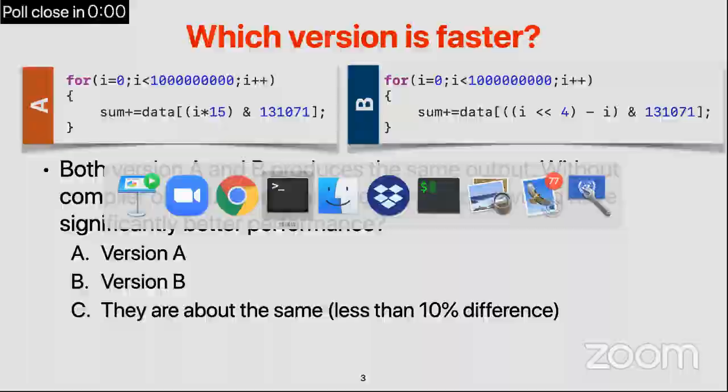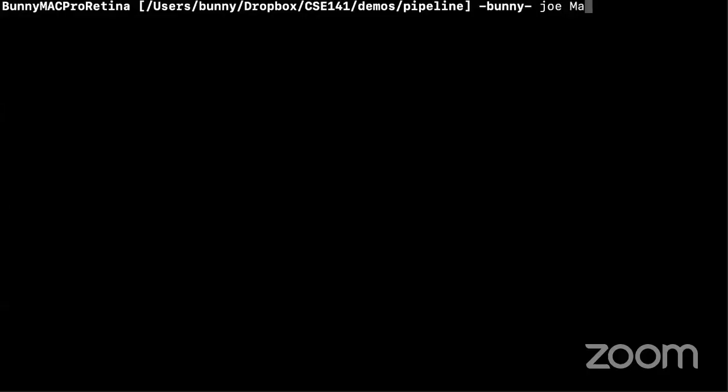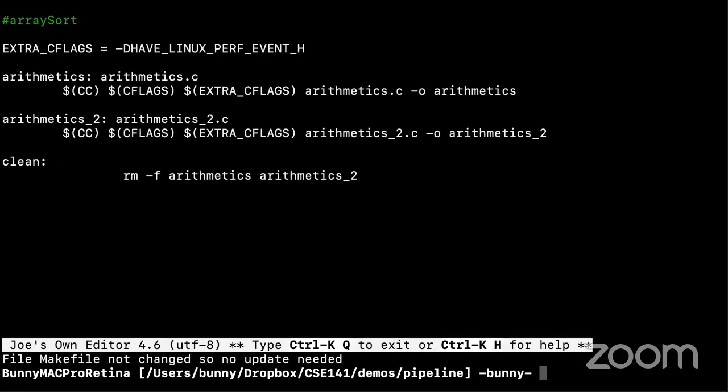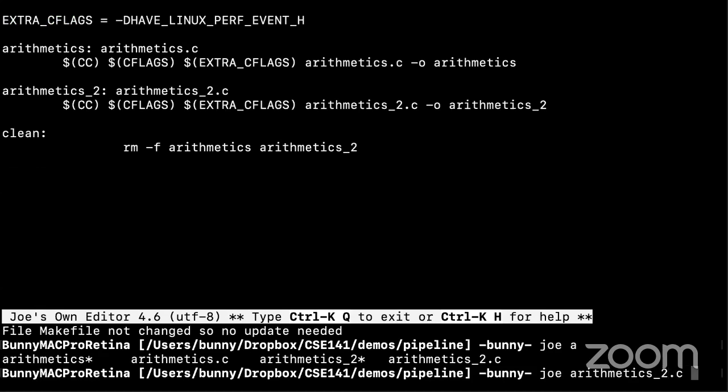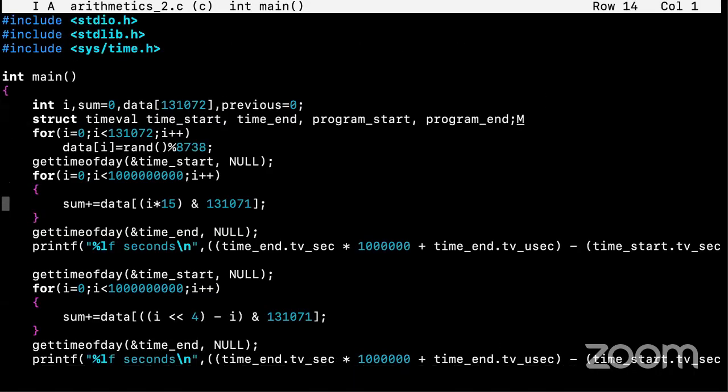Let's see how it works in a modern processor architecture. I have this arithmetics 2.c, and it implements the multiplication as well as the shift and minus. Given that you learned this in CSE30, I don't think I need to explain why these two are equivalent.